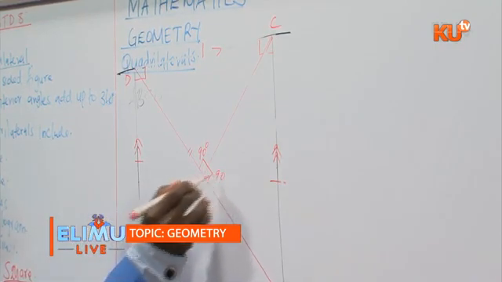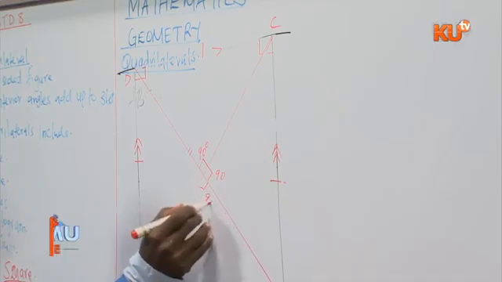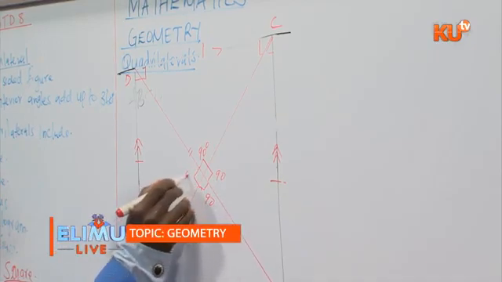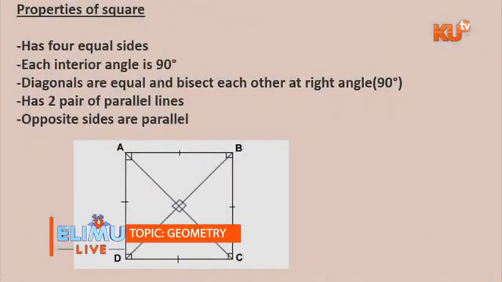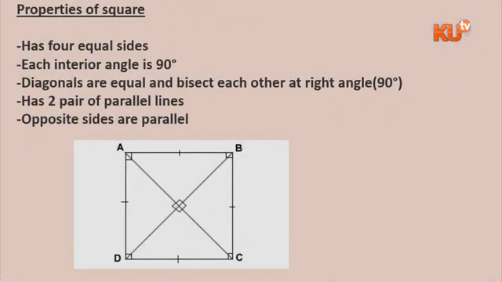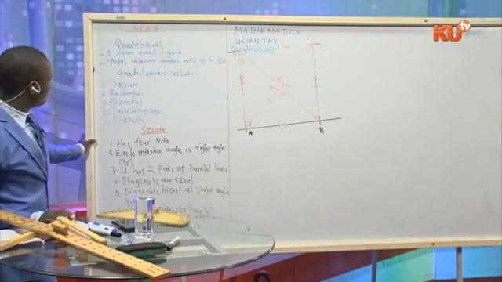All these measure 90 degrees. And then we have also said that the opposite sides are parallel, as you can see. Line AB is parallel to line DC. So that is exactly what a square is all about.